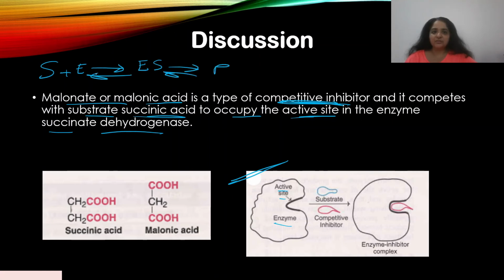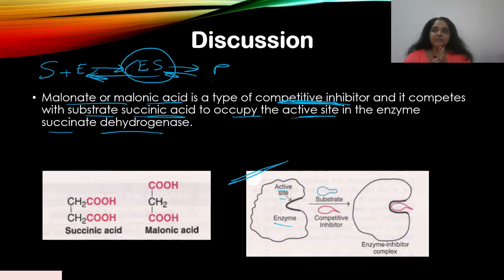It can be a reversible reaction also. So substrate plus enzyme forms a transient state called the enzyme substrate complex, which then gets converted to a product, the final product that we see. That's how a reaction happens between enzyme and substrate, which finally forms a product.